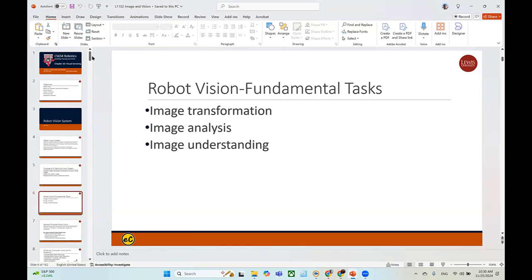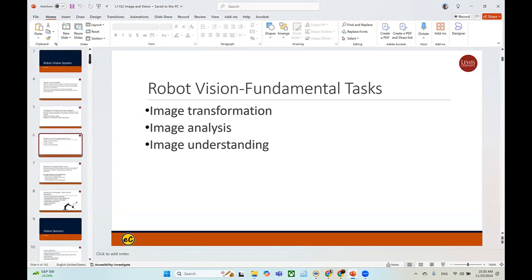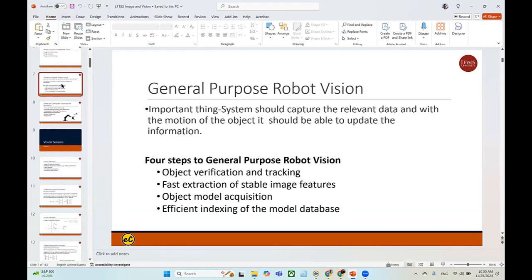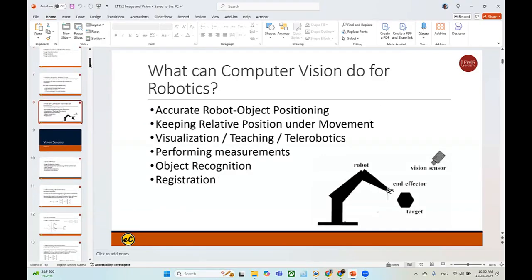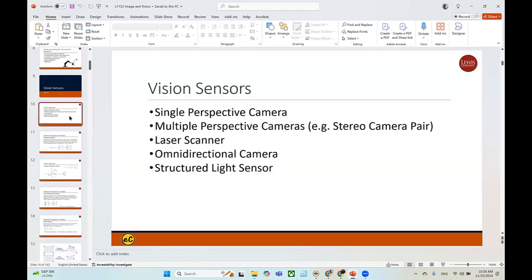So you need to do image transformation, analysis and understanding at the low level, middle level, and high level of imaging. And then you have the sensor. Sensor is the camera, if you do vision. Here, I need to emphasize sensor may not be a camera.